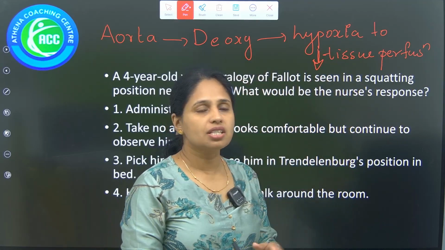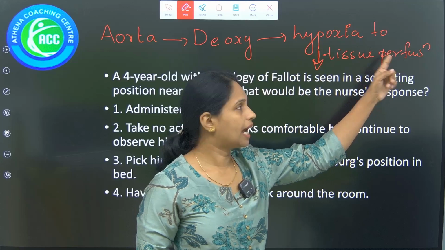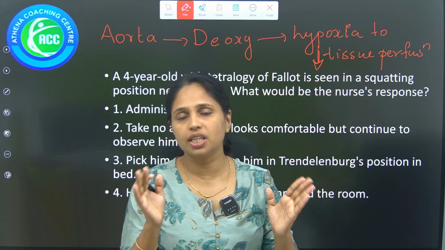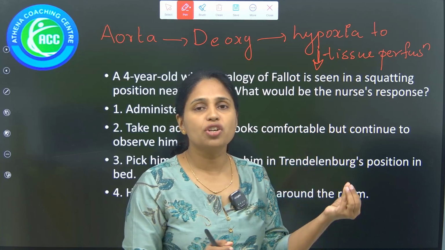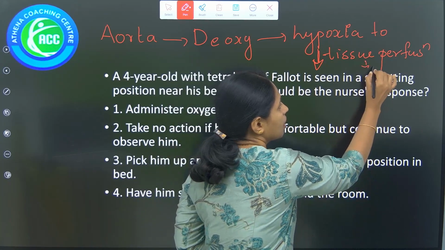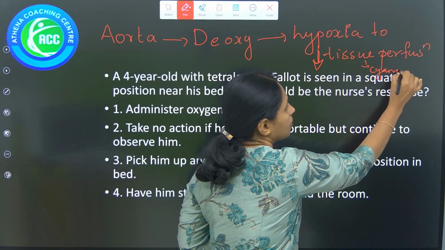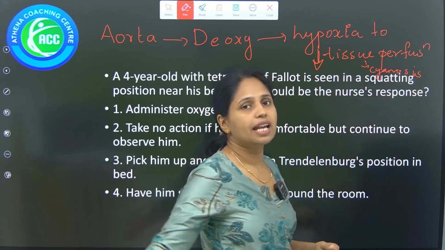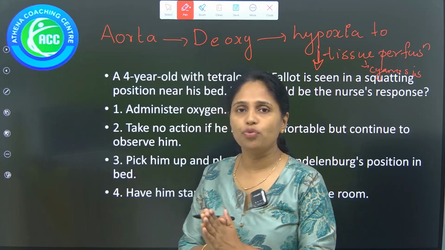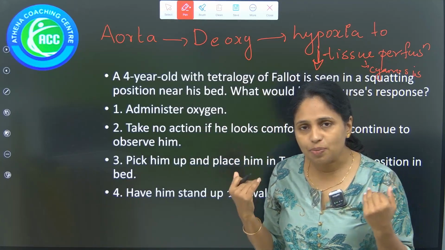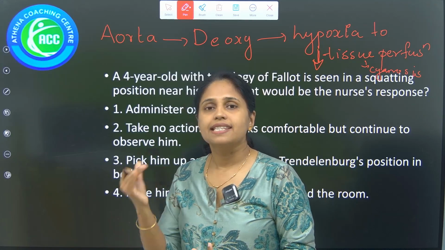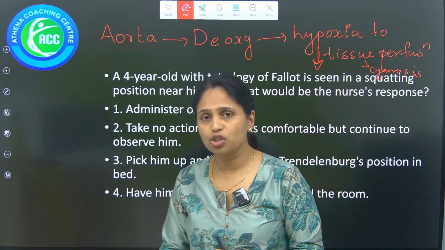As a result, there is hypoxia and tissue perfusion is impaired or decreased. Because of impaired tissue perfusion, what happens? Cyanosis. This is what is happening in tetralogy of Fallot. So this particular child is having cyanosis or impaired tissue perfusion.